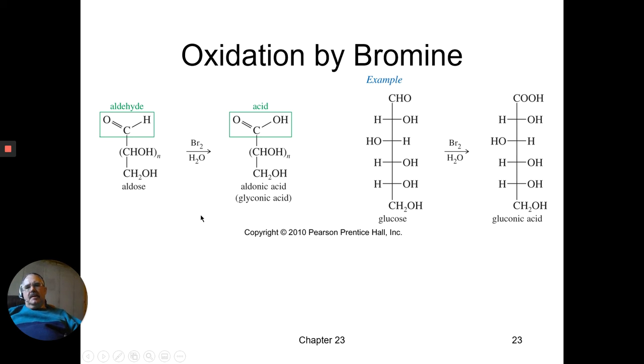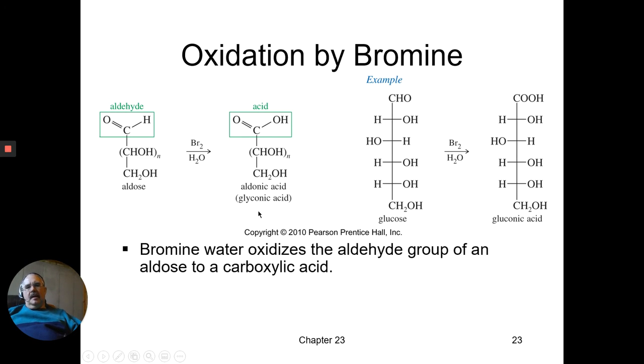Okay, aldoses can be oxidized to carboxylic acids using bromine and water. All of the alcohols are unaffected, only the aldehyde is oxidized. And this gives what's called an aldonic acid.